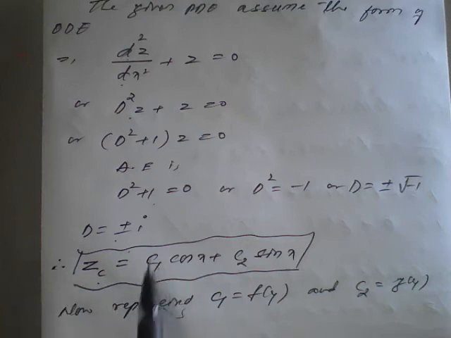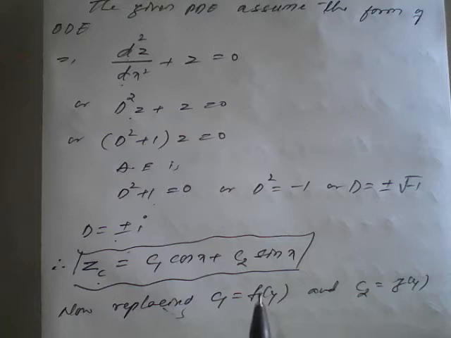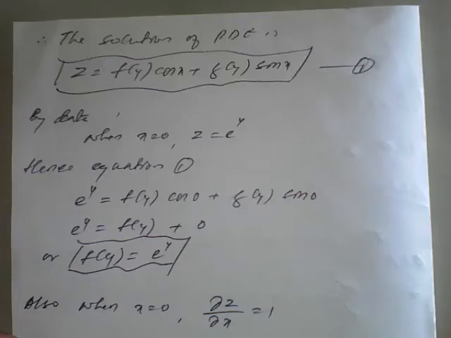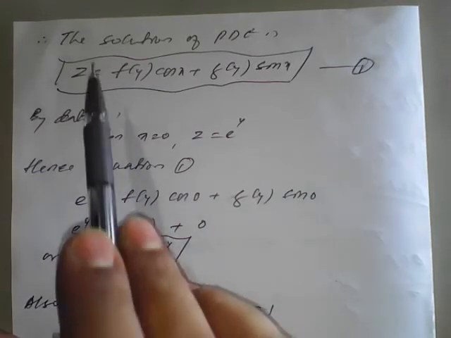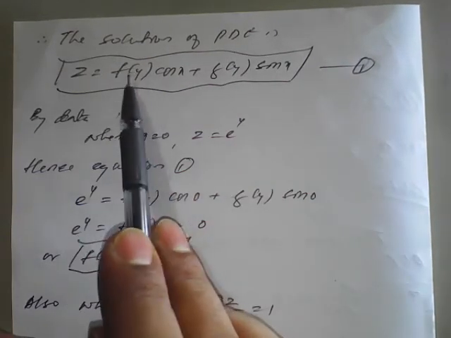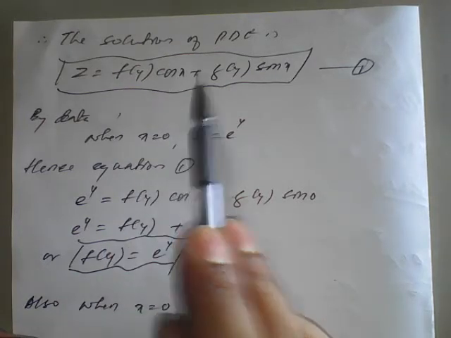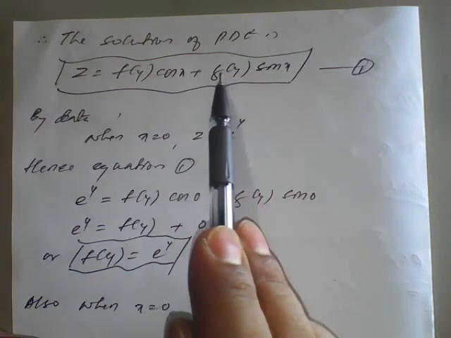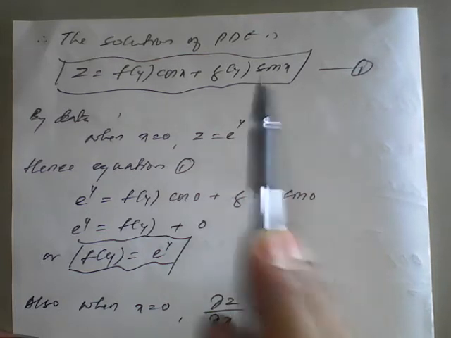So by replacing c1 with f(y) and c2 with g(y), it is a complete solution. The solution is z = f(y) cos x + g(y) sin x. Call this equation number 1.